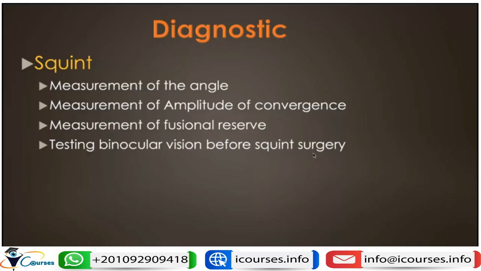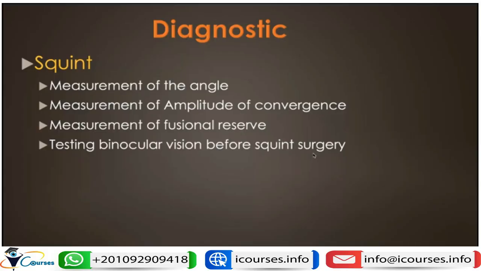This is done by placing prisms in front of the patient's eye. For example, if the patient experiences diplopia when we put the prisms in front of his eyes, this gives us a clue that this patient will complain of diplopia after the surgery.